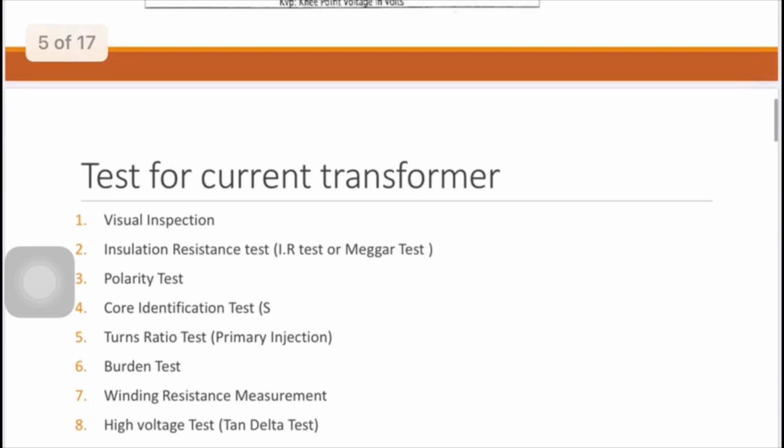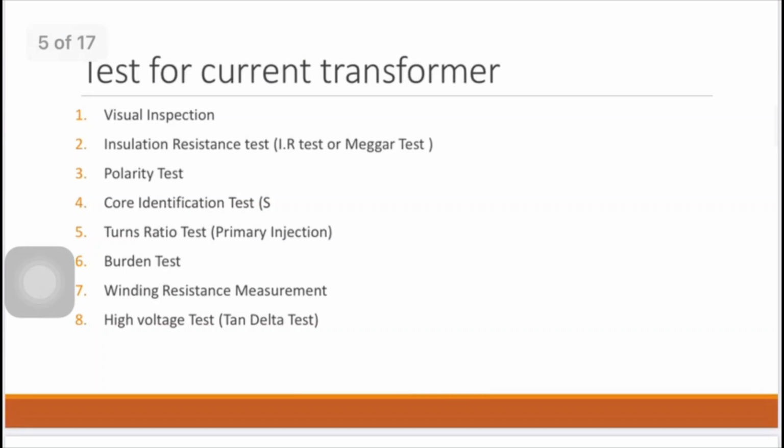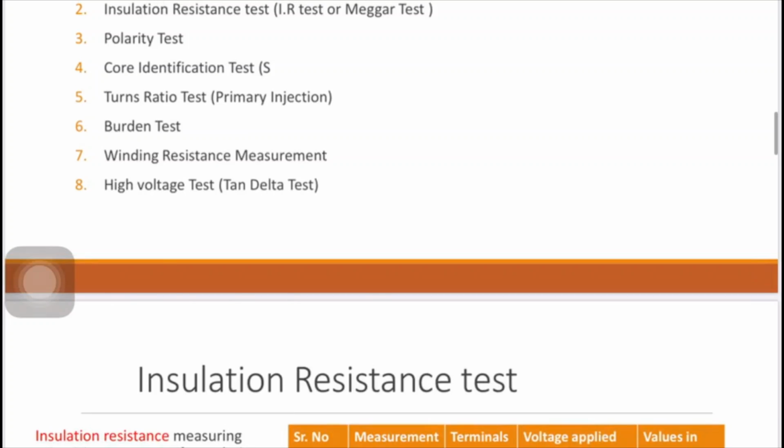There are many tests we can conduct depending on the country, and this is the minimum set of tests required for any current transformer. The first one is visual inspection, second insulation resistance test, polarity test, core identification, turns ratio, burden, WRM and high voltage test.